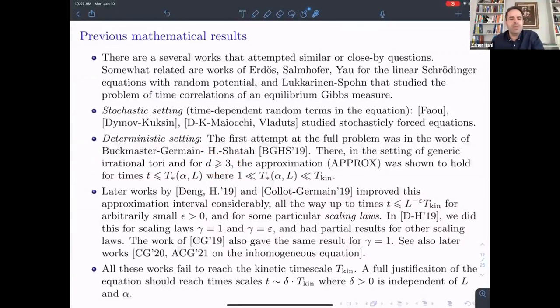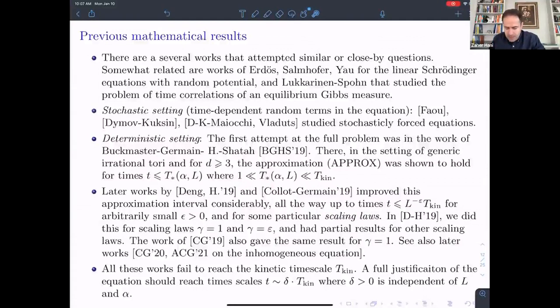In that setting, we justified the approximation between the variance of the Fourier modes of NLS and the solution of the wave kinetic equation. But the big drawback of that work is that while it was the first result of its kind, it only extended to times that are much smaller than the kinetic time scale. So this approximation only justified it for times much smaller than the kinetic time scale.